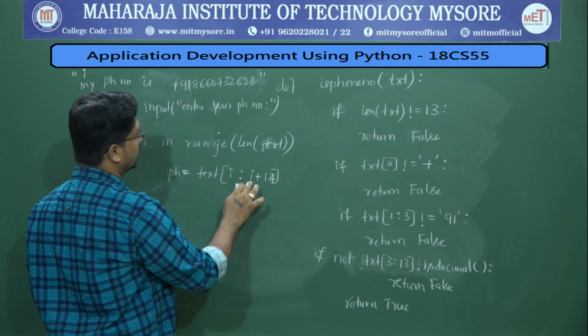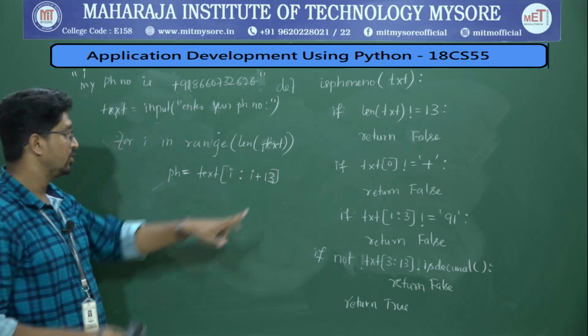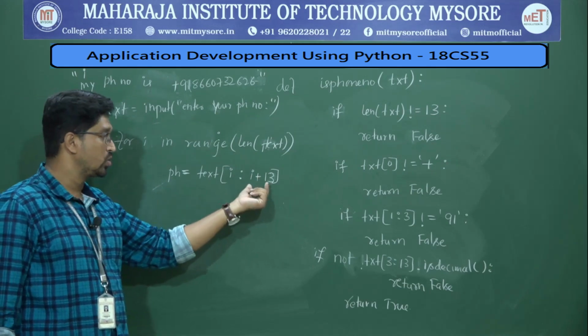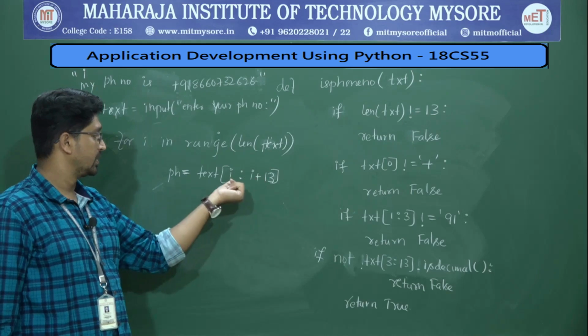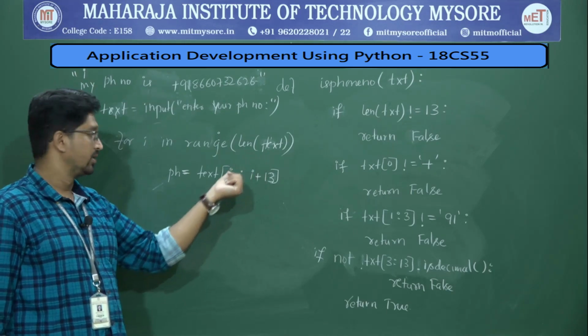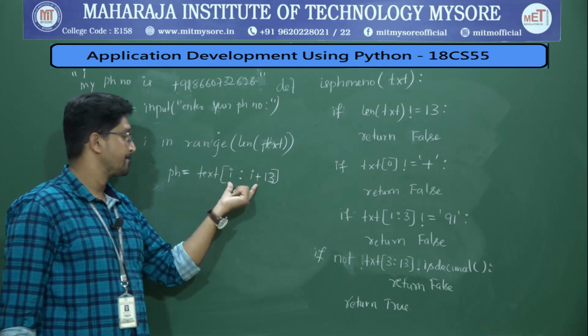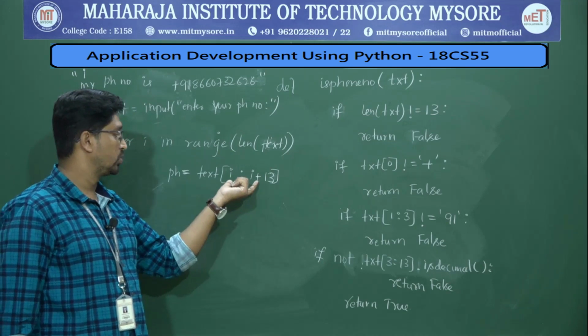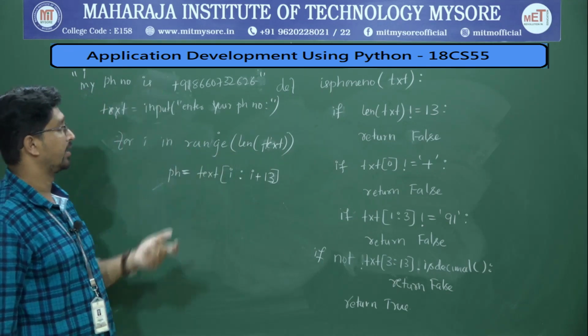So here what you will do, it's a 13. If you write 13, then you will be considering 0 to 12 characters. 0 plus 13 is 13 characters. 13 means it will consider from 0 to what? 0 to 12 characters, but I want 13 characters.